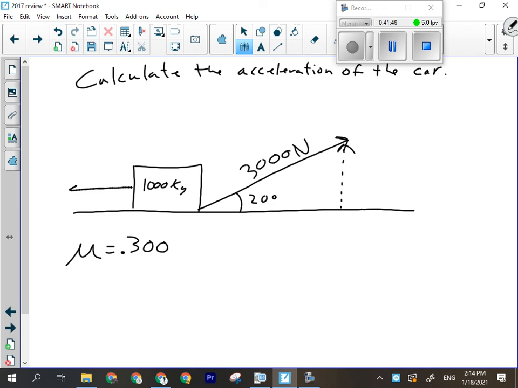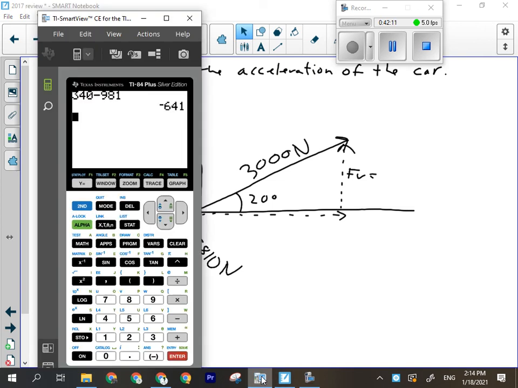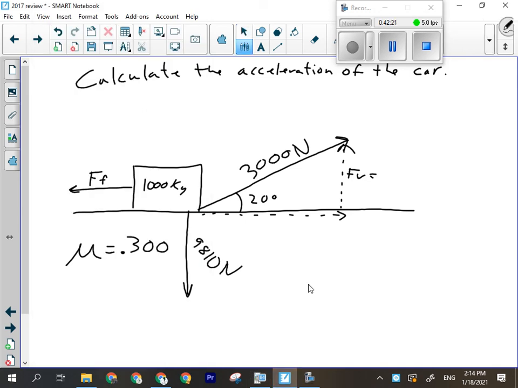All right, so we know that there is a force of friction acting backwards because they told us that mu was 0.3. The other forces that are involved are the force of gravity, which is 9,810 newtons, and then we've got to calculate these two parts here. My force vertical is going to be the sine of 20 times 3,000. So the upwards force is 1,026 newtons.